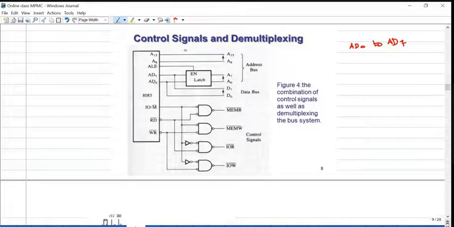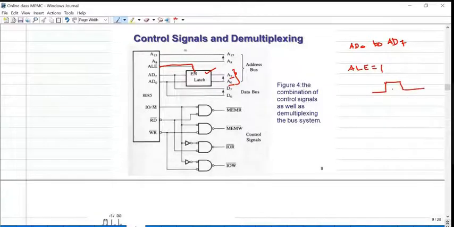AD0 to AD7 pins are connected through a latch. The enable input, or the control input, to the latch is ALE. When the address latch enable equals 1, the outputs of the latch are the address A0 to A7 during the first clock pulse.